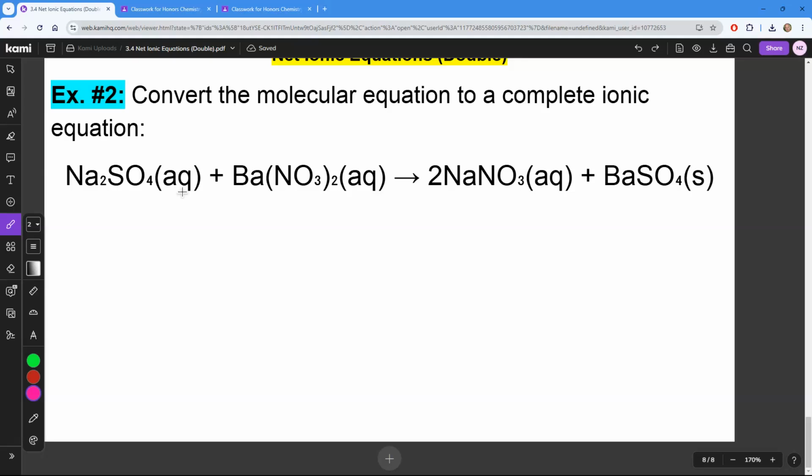Okay, so let's start with our first compound right here. So we have sodium sulfate. The 2 that is next to our sodium is going to pop out in front. So I'm going to bring that out in front. So it's going to be 2 sodiums. We have sulfate, SO4.